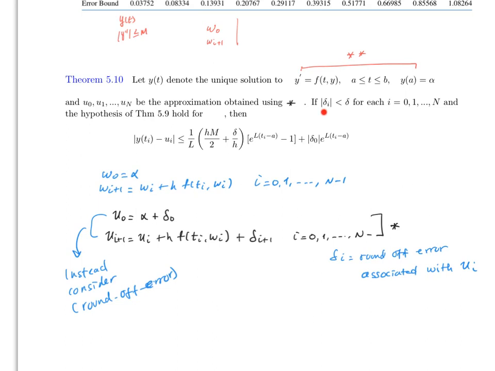And if delta i, remember delta i is the round off error associated with ui, is bounded by some constant for each i from 0 to n, and the hypothesis of theorem 5.9 also holds, then the actual bound will be this, which is not linear anymore.